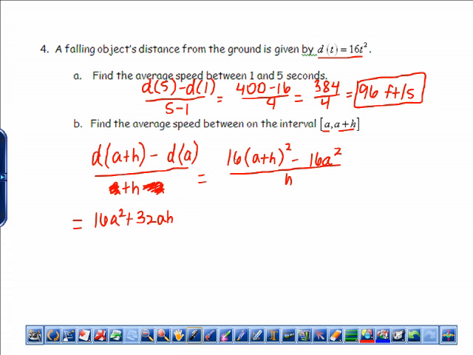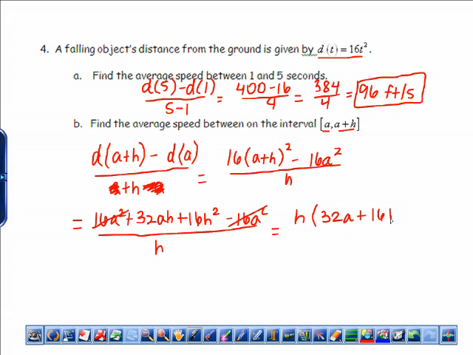And then h squared times 16 is going to be 16h squared, minus 16a squared all over h. And notice that the 16s cancel, and I can factor out an h. So we do 32a plus 16h all over h.